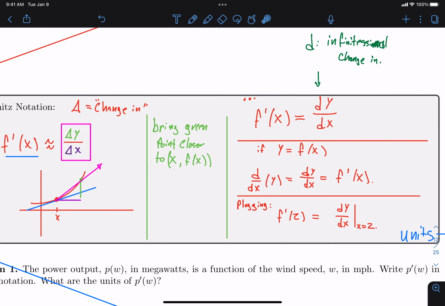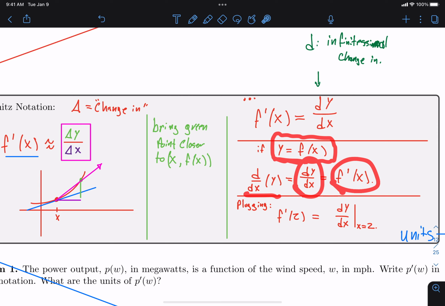Okay, so in terms of notation, if we have a function y equals f of x, then we describe the derivative function in the following three ways. You can say d dx of y, which is the same thing as dy over dx, which is the same thing as f prime of x.